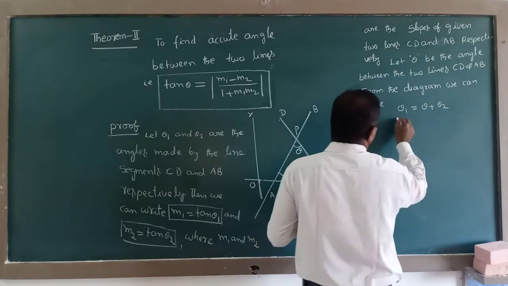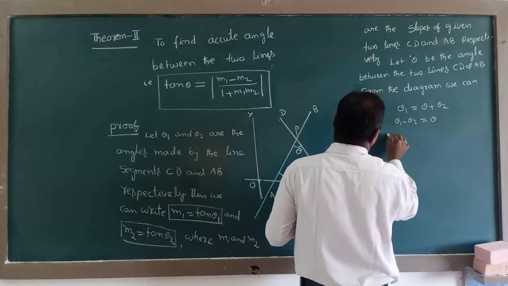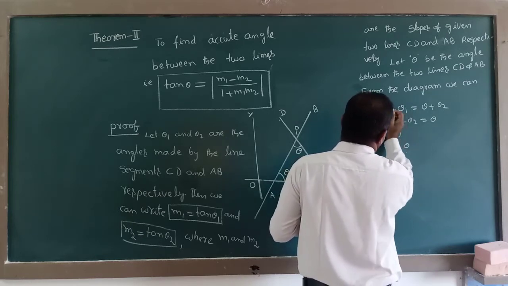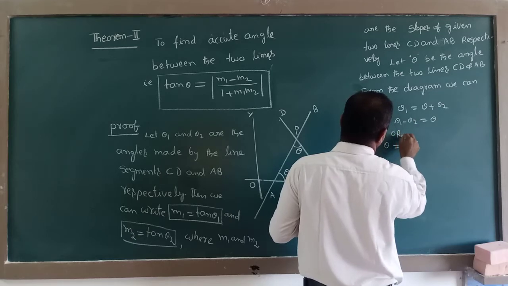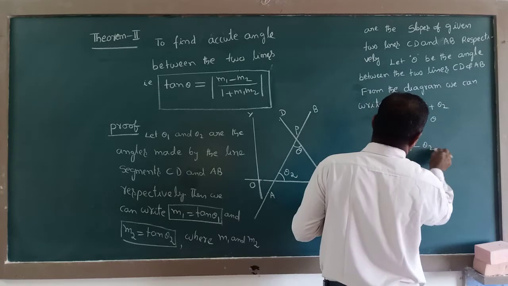Taking theta 2 to this side, theta 1 minus theta 2 is equal to theta, or we can write theta is equal to theta 1 minus theta 2.